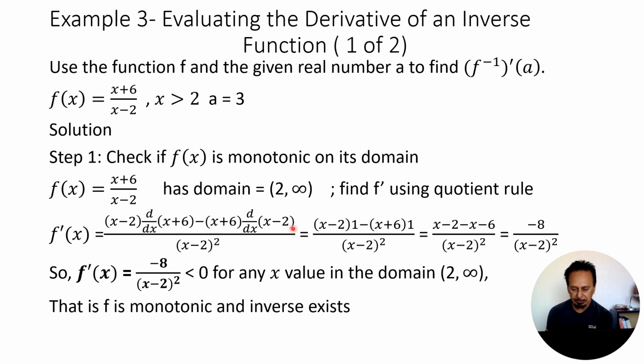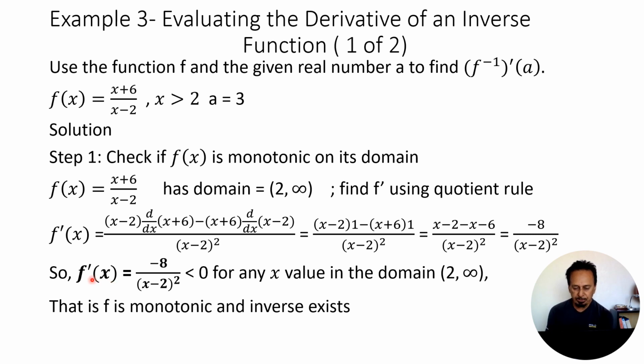So now we have x minus 2 times 1, because the derivative of 6 is 0, and minus x plus 6 times 1, since the derivative of x minus 2 is also 1. Now we simplify: this becomes x minus 2, and this minus is going to change all the signs, and we get minus x minus 6. Now x and minus x cancel out, and minus 2 and minus 6 become minus 8. So the first derivative is negative 8 over x minus 2 squared.